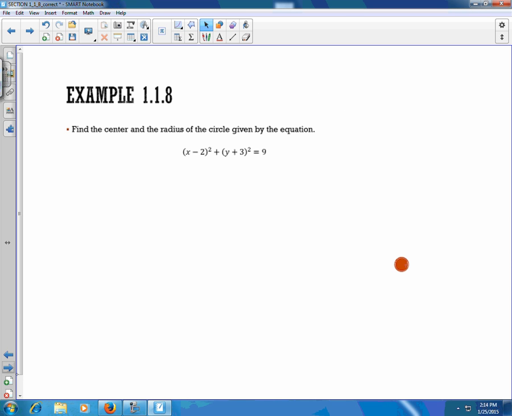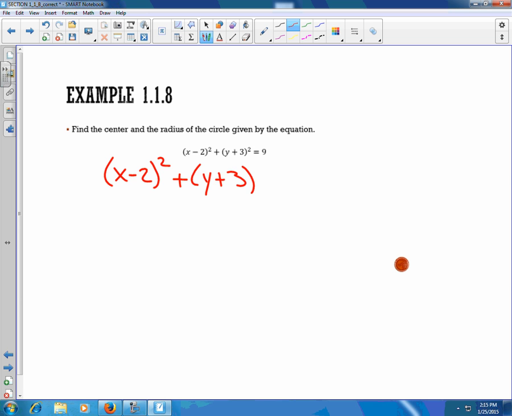So for our first example, we're going to find the center and the radius given this equation. Our equation is (x minus 2) squared plus (y plus 3) squared is equal to 9. Our original formula, (x minus h) squared plus (y minus k) squared equals r squared, is the formula for a circle.